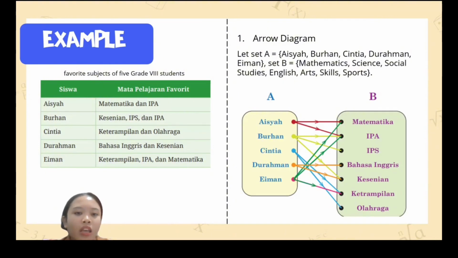The relation is favorite subject, which connects elements in set A to elements in set B, like this. Aisyah connects to math and science. Burhan connects to science, social studies, and arts, and also the others.